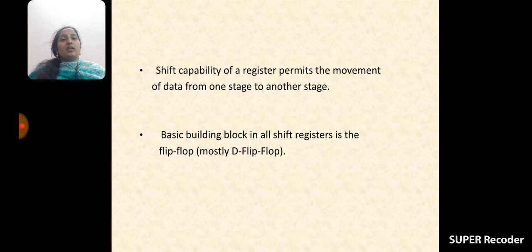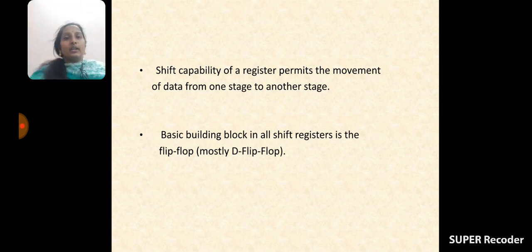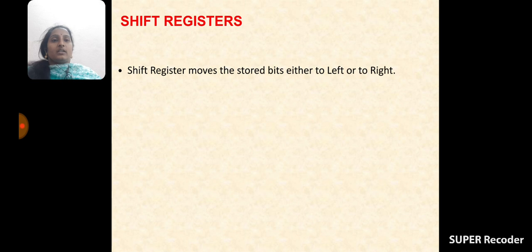Shift registers are used only to shift the data from one place to another, not to do any operation. Like that, the shift registers use the D flip-flop, because the D flip-flop only does the function of shifting. Whatever input we apply must appear at the output. That's why D flip-flops are used in shift registers.